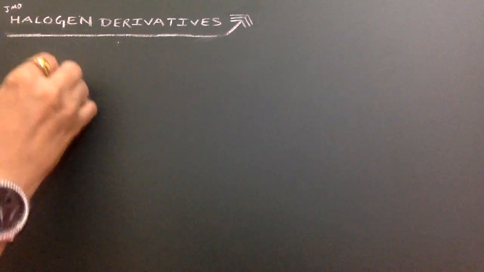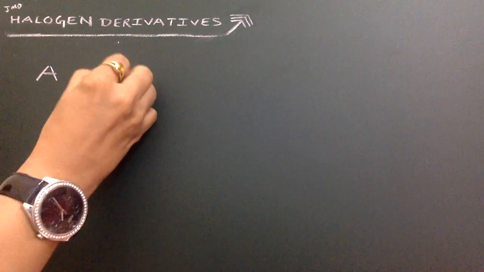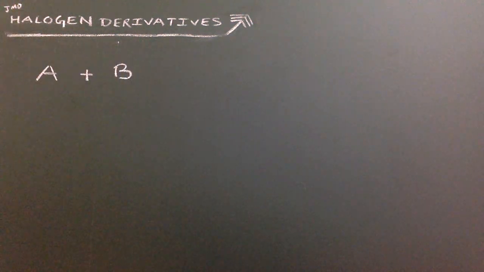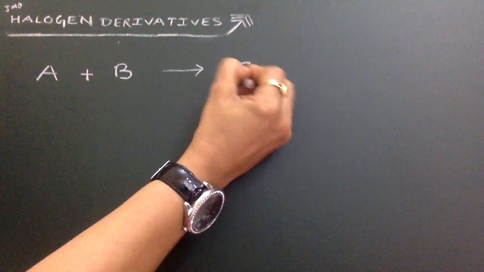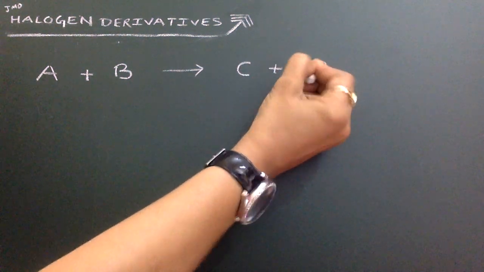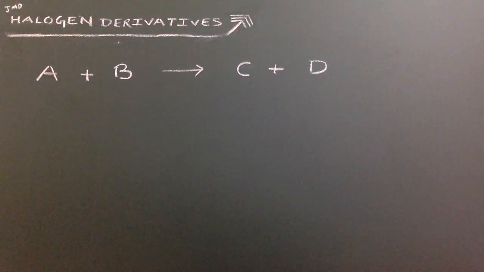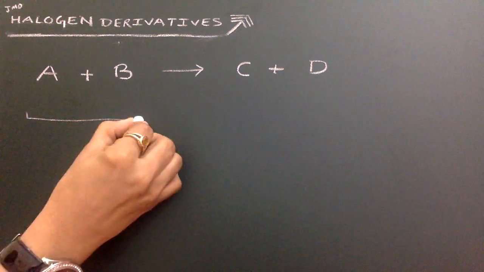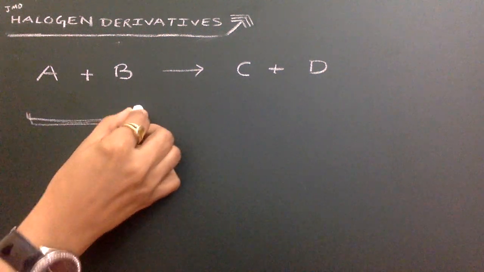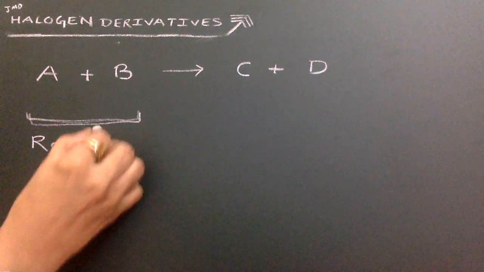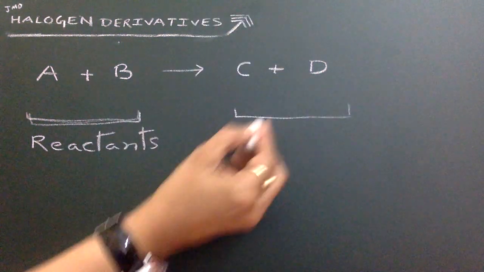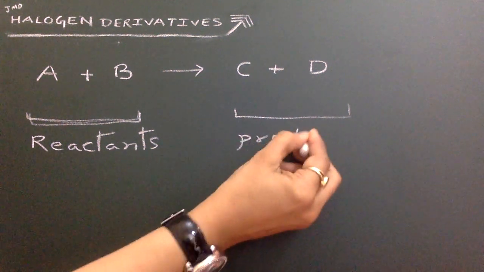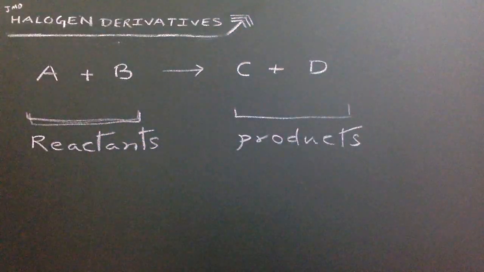Say if I take A plus B, which is giving me the product C plus D. As you know very well, A and B are the reactants, and C and D are generally referred to as the products.